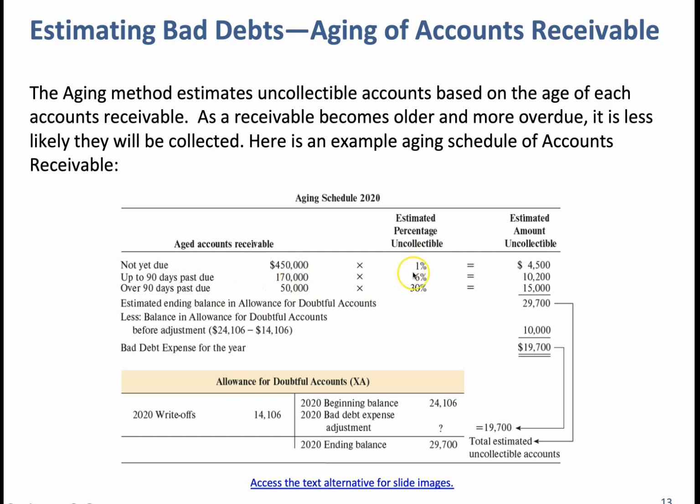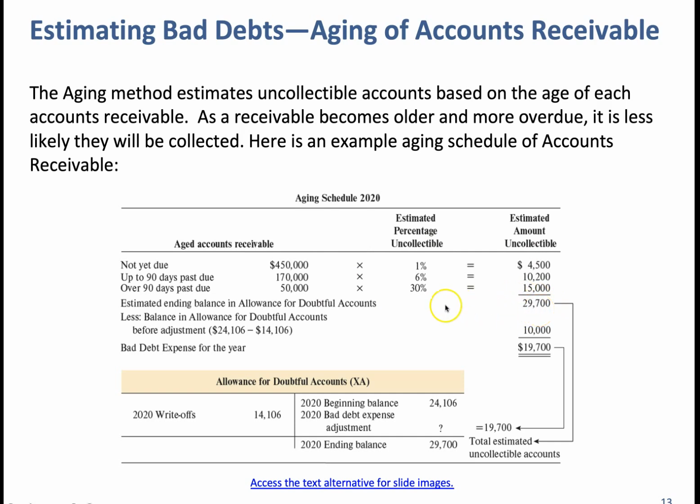For each group, we assign a different percentage, decided by the company based on their estimates from history. For each group, we multiply the amount by the percentage we estimate for that group. That gives you different estimates for each group. When you add them up, that is the estimated ending balance of the allowance for doubtful accounts.